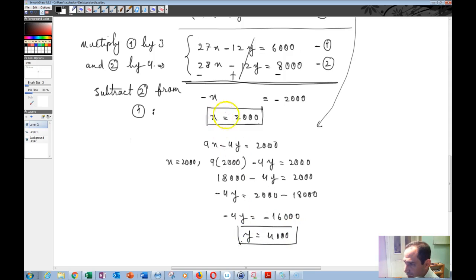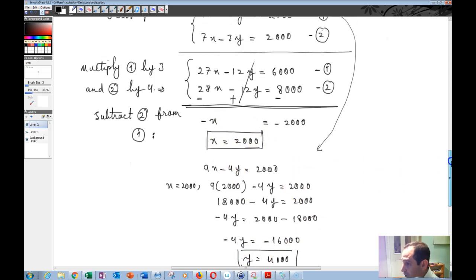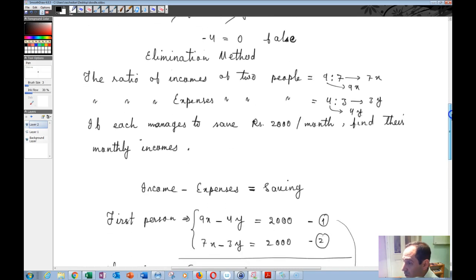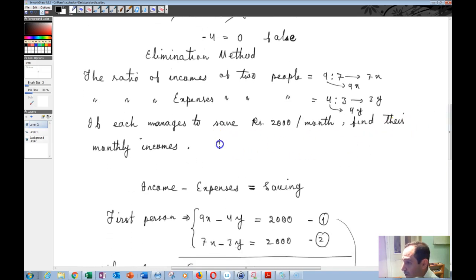So I know that x is equal to 2000 and y is equal to 4000. What we wanted to do is find their monthly incomes.